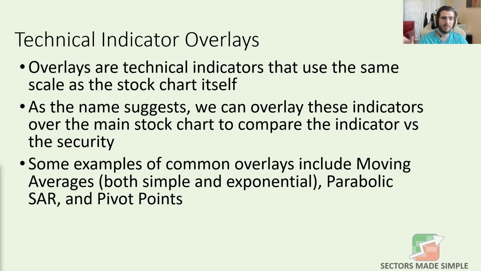Again, I'm going to probably say the word price. It's the most common thing we use for overlays. So if I say price, remember it can be volume, open interest, anything like that. But we can use these prices to make moving averages, parabolic SAR, which is tracking trends, uptrends and downtrends, and pivot points, which looks at support and resistance barriers.